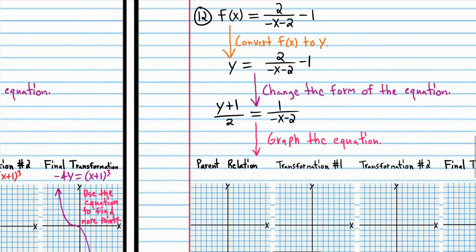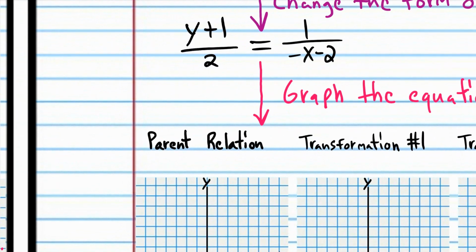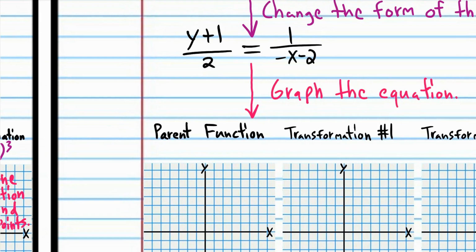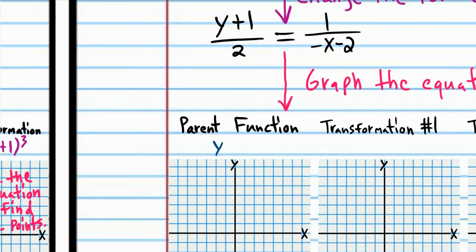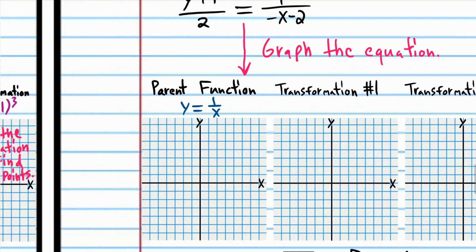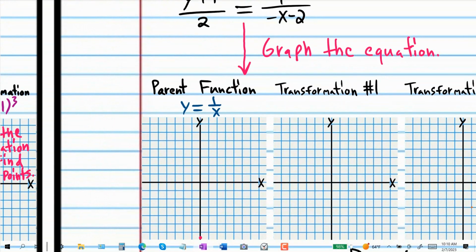Okay, so we're going to change this to a parent function. We're calling it a parent function. The parent function is the reciprocal function. And of course we have 2 asymptotes.